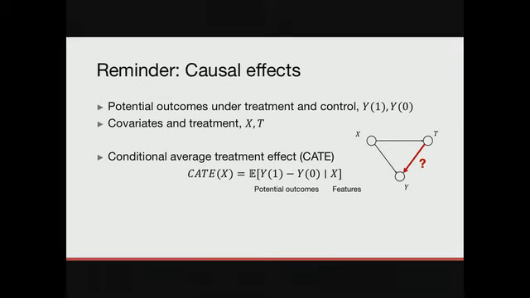And we had a set of covariates, X, and a treatment T. We were interested in what is the effect of this treatment T on the outcome Y given the covariates X. And the effect that we focused on was the conditional average treatment effect, which is exactly the difference between these potential outcomes conditioned on the features. So the whole last week was about trying to identify this quantity using various methods.